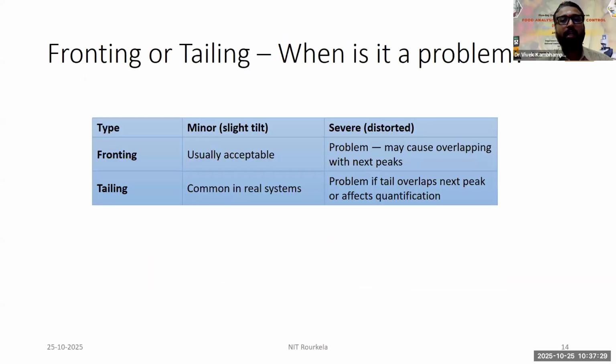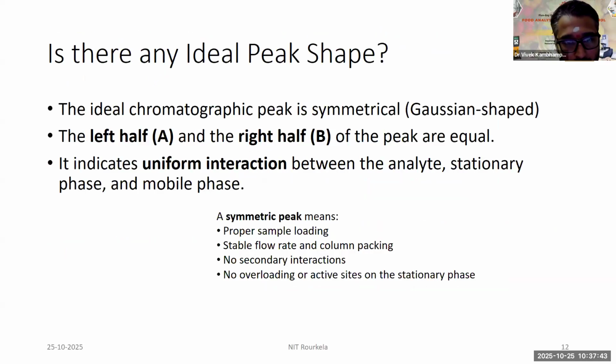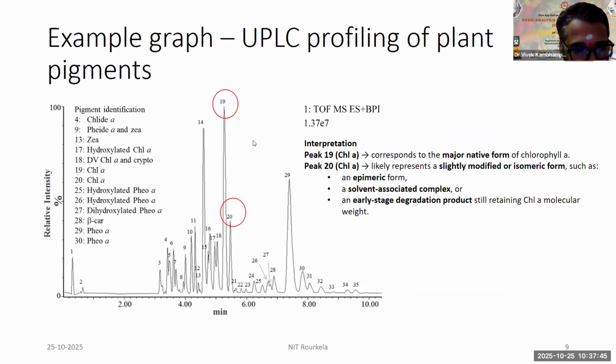Okay, fronting or tailing: when is it a problem? You can see here, with fronting, a minor slight tilt is acceptable. Severe distortion may cause overlapping with the next peaks. In this picture I showed you, some overlapping is happening, so you cannot read this as a pure curve.